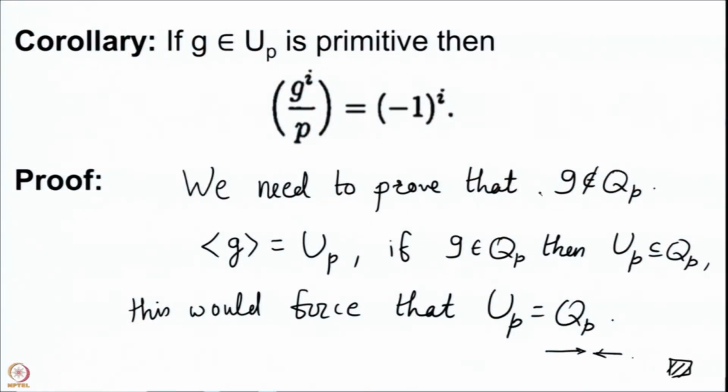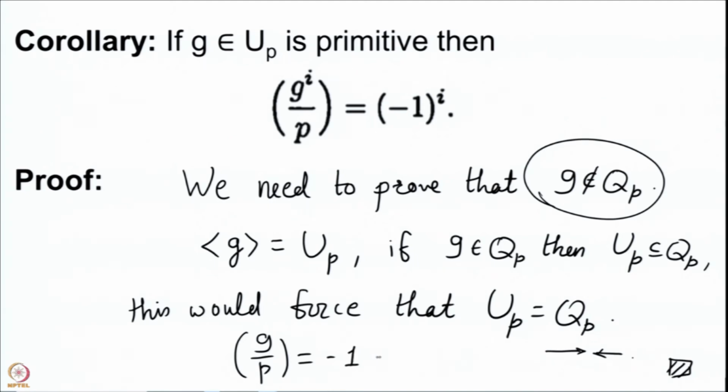So, we have that G is not in Q_P and therefore, the Legendre symbol of G with respect to P is minus 1.